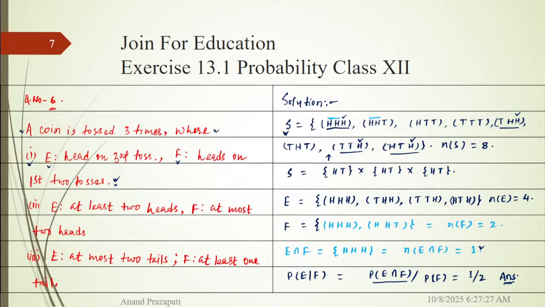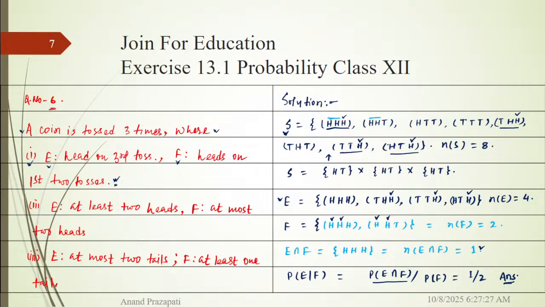After that, we find out the number of S, and we find out what is E. According to the given condition, head on third toss, it means head in the third toss in all cases. Event F, heads on first 2 tosses, means the third toss has either head or tail. So number of F equals 2.